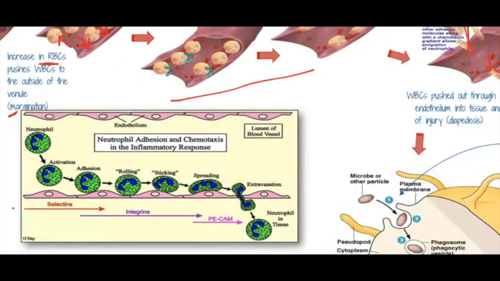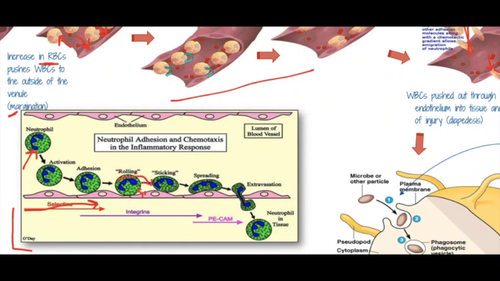If you look down here at this little drawing, say this is your little neutrophil here. You've got these selectins and integrins. Or let's say selectins first. They kind of pull it to the side, and then as you get here and here, attracted here and here, right? It rolls.